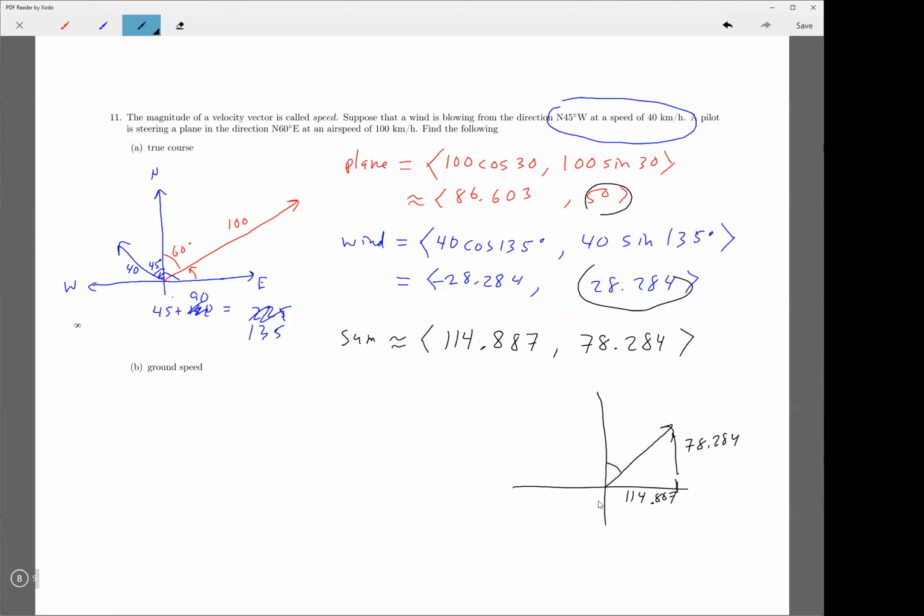We want to know what this angle is right here, and that will be the answer that goes in WebAssign. This angle here would be the inverse tangent of this divided by that, right?